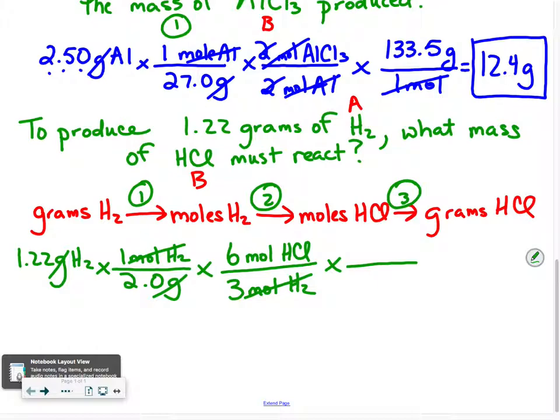And what do I need for that? Molar mass of HCl, which is 36.5 grams per mole. And then just plug it all into the calculator. And I get, so I want 3 sig figs, I get 44.5 grams.